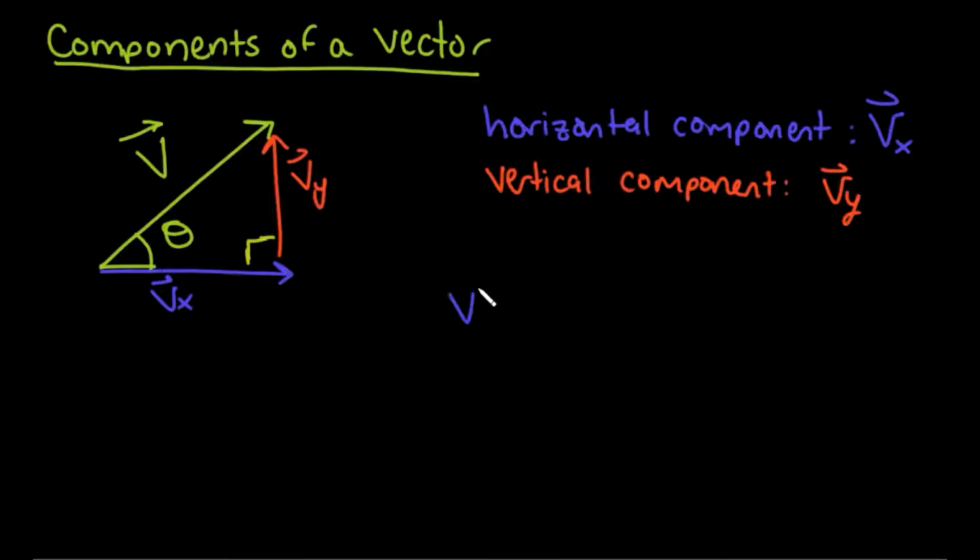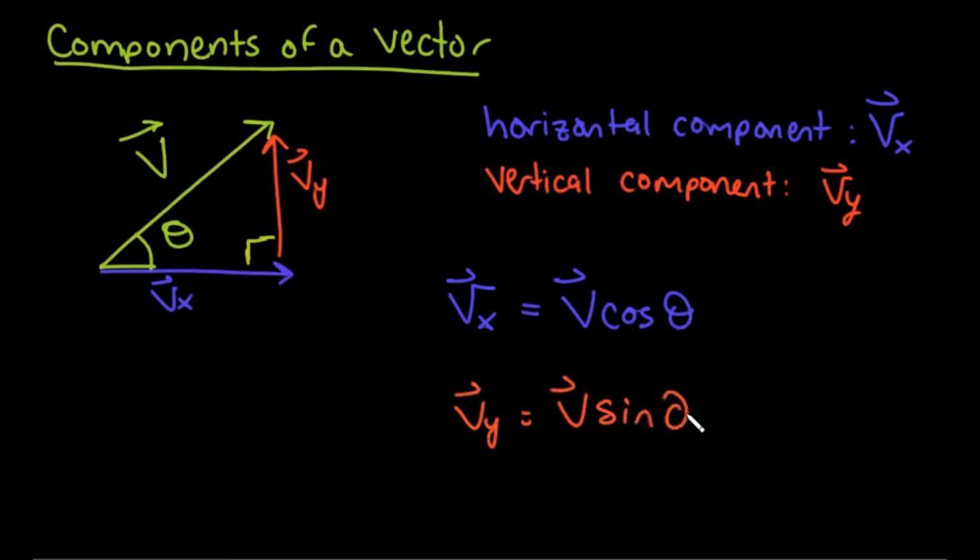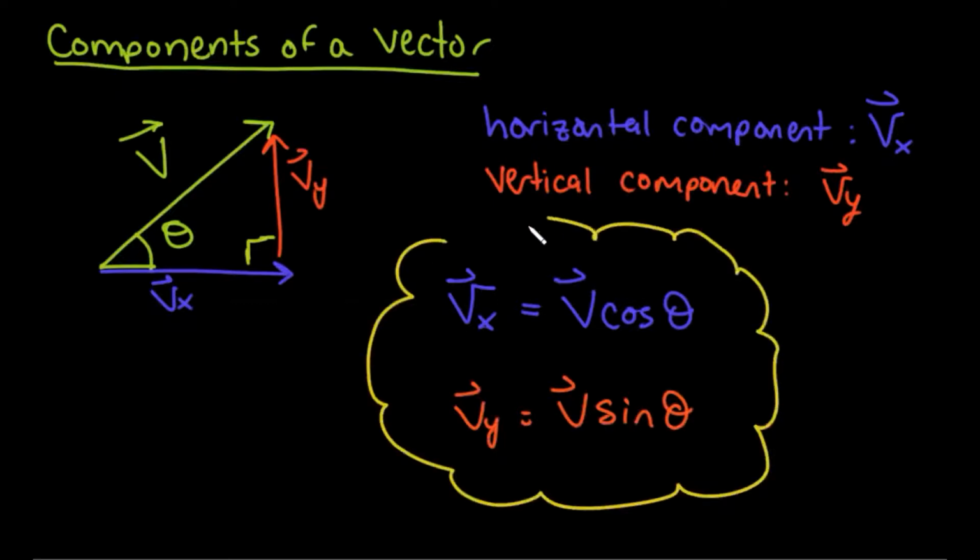So, the formula for our Vx is equal to our vector times the cosine of our angle, while our Vy is vector times the sine of our angle. And these are incredibly important formulas that you should remember.